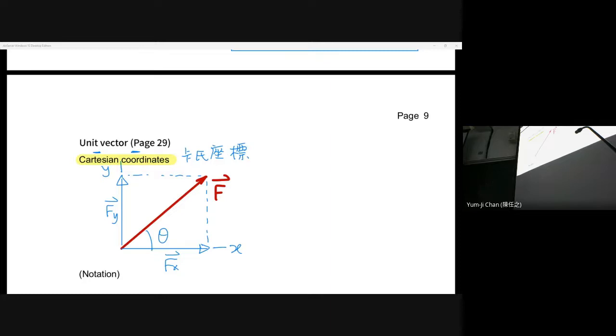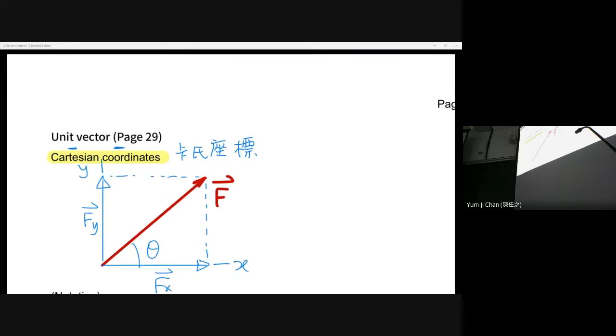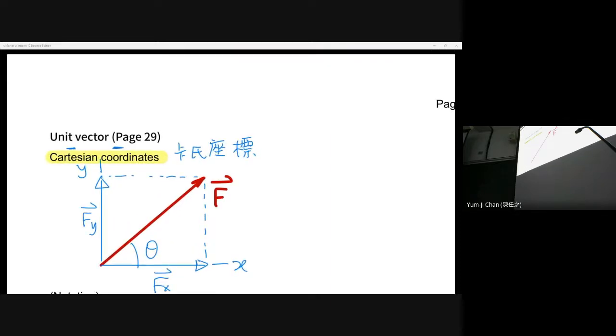Coordinates, 它是坐标嘛? Cartesian coordinates. I assume you know the word, but in Chinese, so I just repeat it in English. Here you can first draw it, and then I will go on.